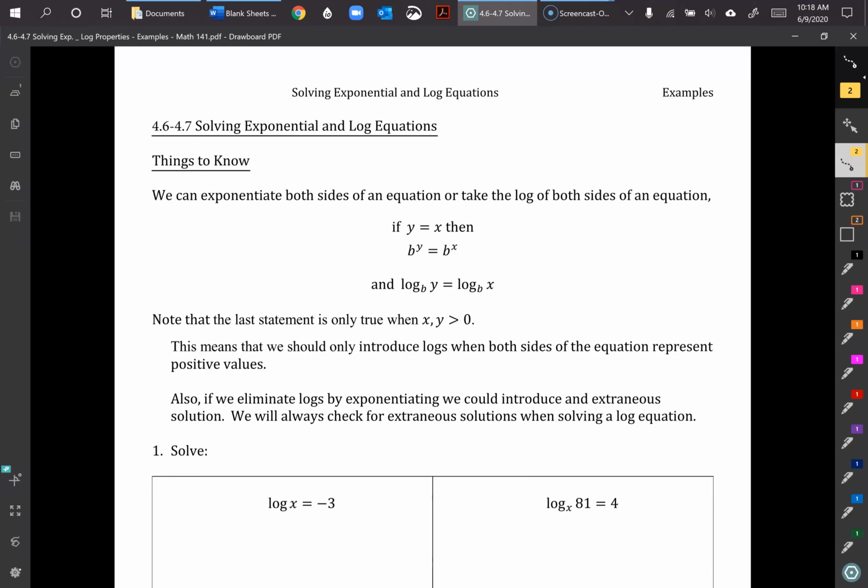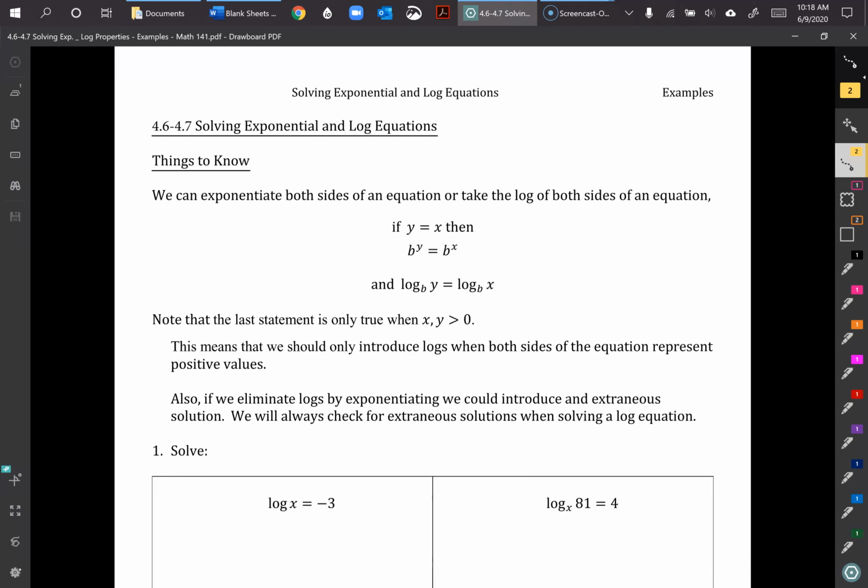And also you can't use log properties unless you actually have taken the log of both sides. That's one thing I've noticed too. Sometimes people start using properties, but they haven't written that actual log in there. So the last statement here, remember, we have to have x and y being greater than 0.